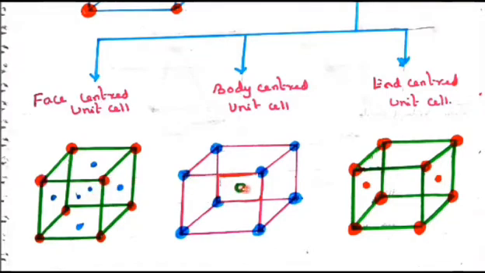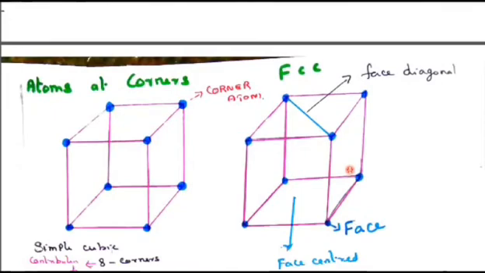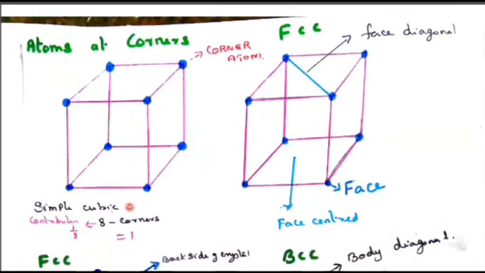In the body-centered, there is only one atom in the body. In the end-centered, the two opposite faces will each have one atom. Now we see the atoms at corners: 4 atoms on top and 4 atoms at the bottom. That is called simple cubic.